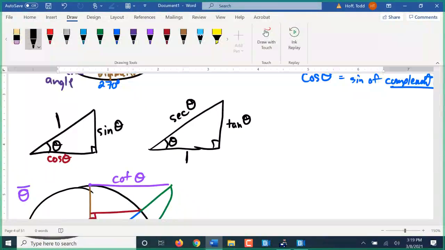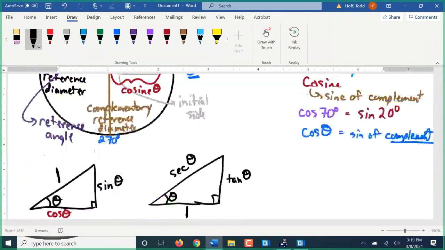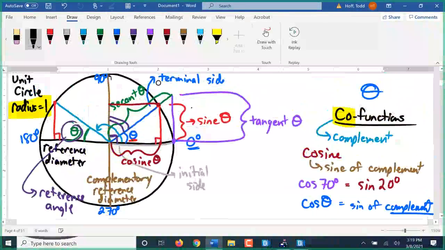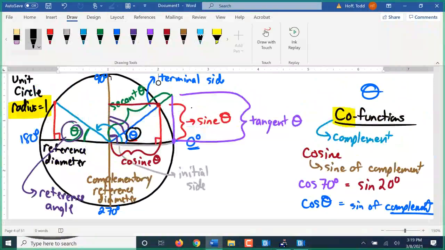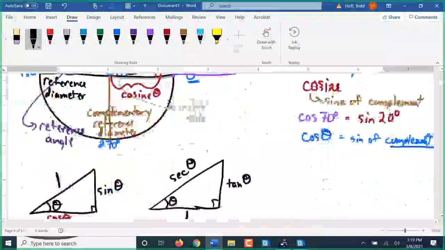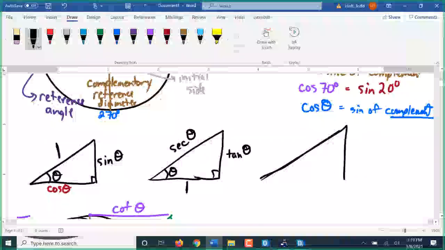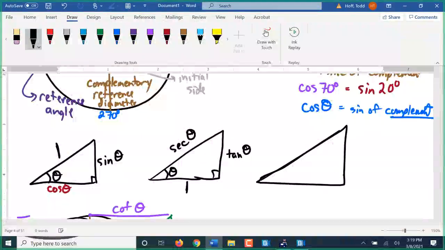So these two triangles here that we got from up here, this little one and then this bigger one, those triangles are similar to each other because they have the same angle theta there. Well, I'm going to construct a third triangle here. It's also a right triangle, also has an angle theta.